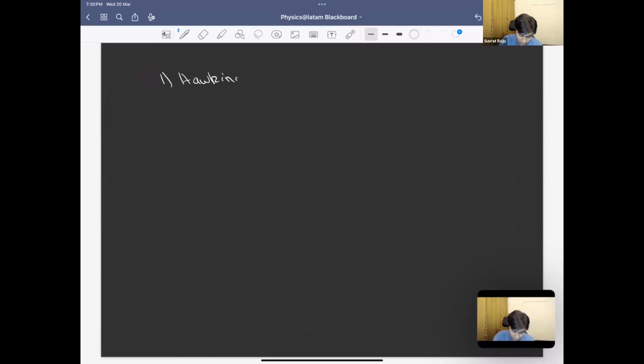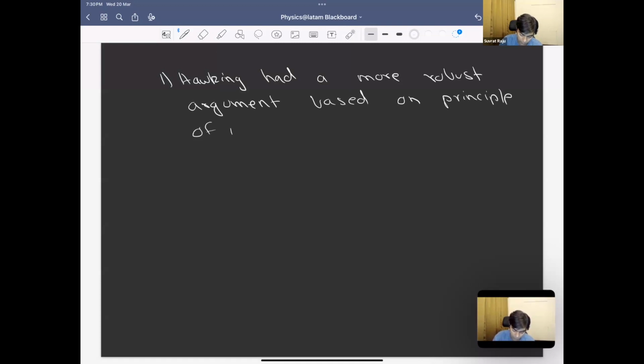The point I wanted to emphasize was that Hawking had a more robust argument based on the principle of ignorance. What was that principle? The principle was simply, if you look at a black hole space-time, this is the horizon.